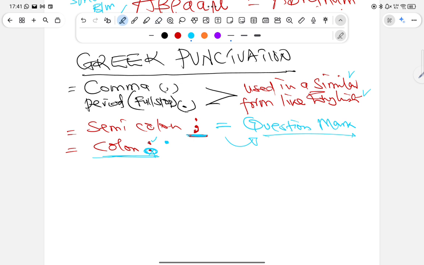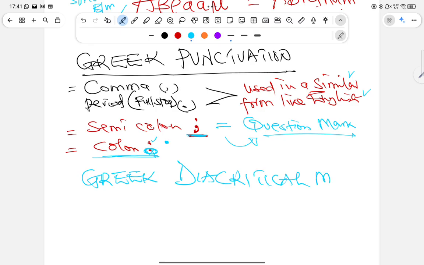Okay, now there are 2 more punctuations and marks that we're to look at, especially marks, and that is the Greek diacritical marks.